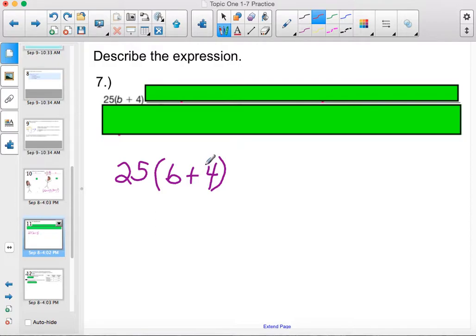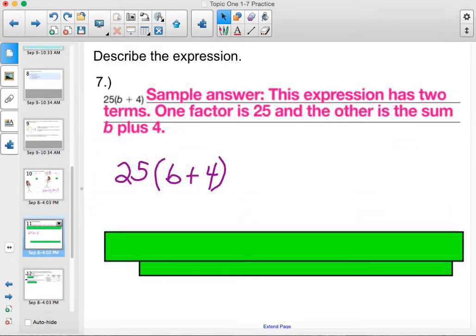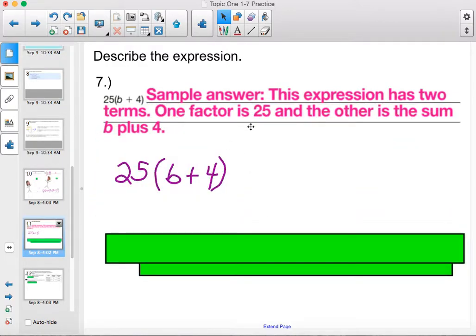So that tells us that we've got some terms going on here, and we also have some multiplication going on here. So the best way you could have described this was this expression has 2 terms. One factor is 25, and the other is the sum of b plus 4.